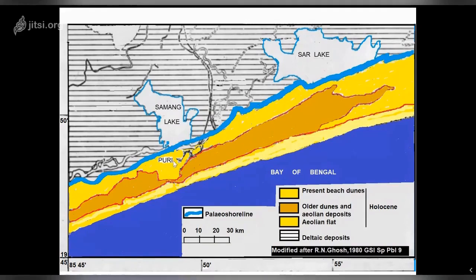Puri temple is one of the 4 dhams of India.